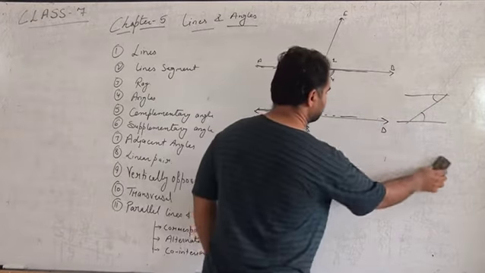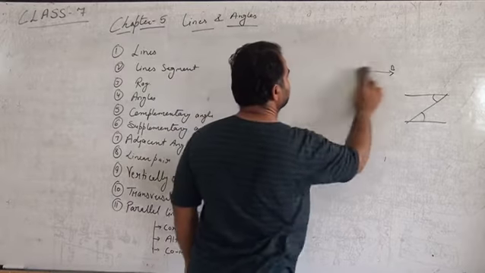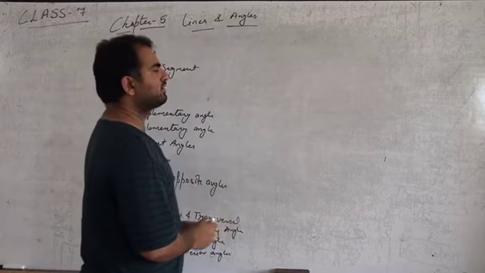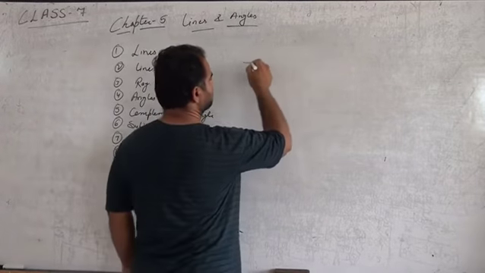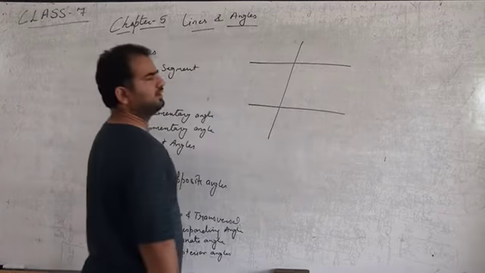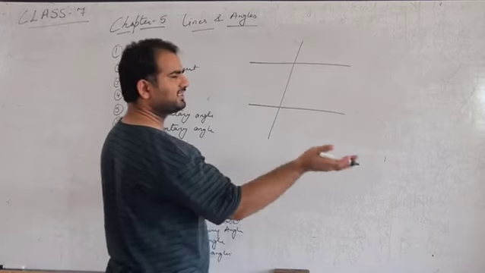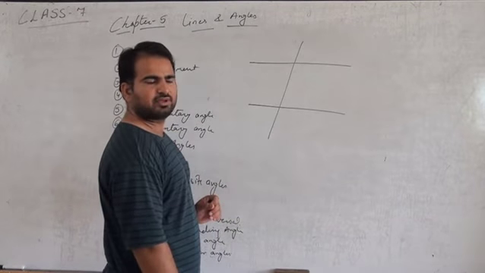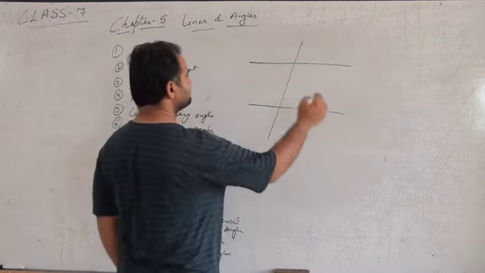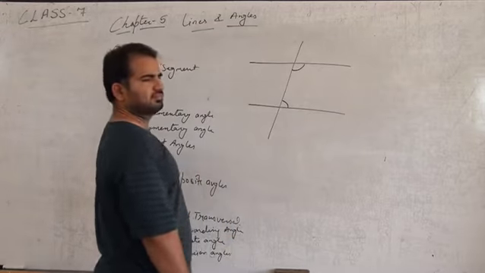Co-interior angles. What I do is I am rubbing this and making it again. What are co-interior angles? If two lines are parallel and a transversal is cutting them, angles made on the same side of the transversal are known as co-interior angles, like this angle and this angle.